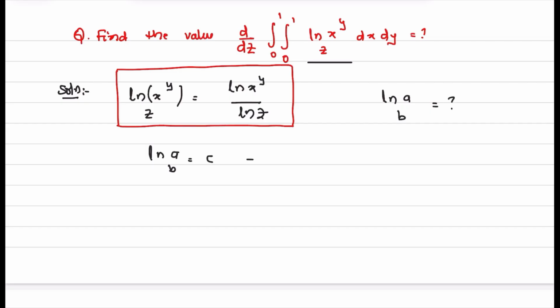Let log a to the base b be c. That implies a is equal to b to the power of c. Do you agree?